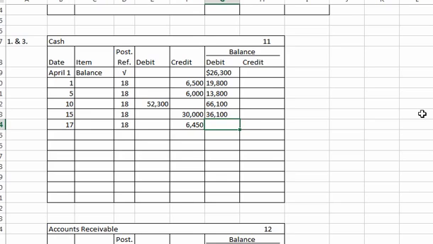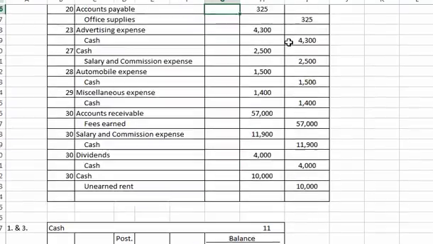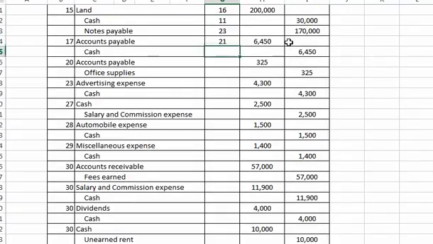We had a beginning debit balance for $36,100, a credit entry for $6,450. So we're going to subtract. That's the $36,100 minus the $6,450. And that leaves us with a debit balance of $29,650. Cash is account number 11. So we'll come back up and enter 11 in the posting reference column of the journal.